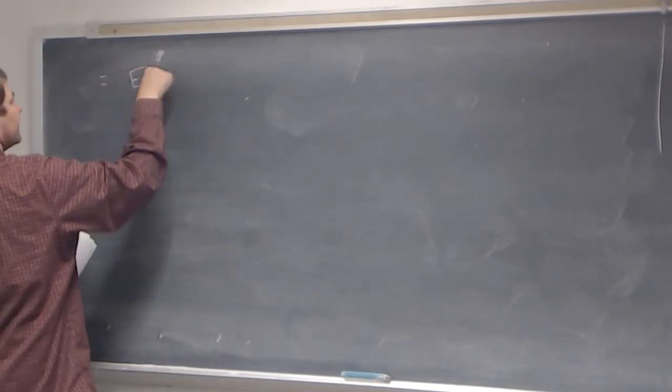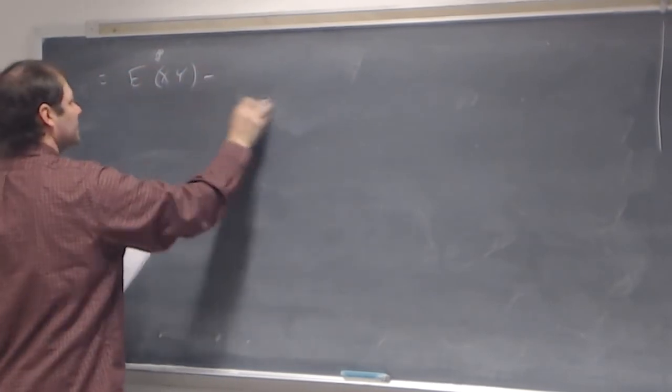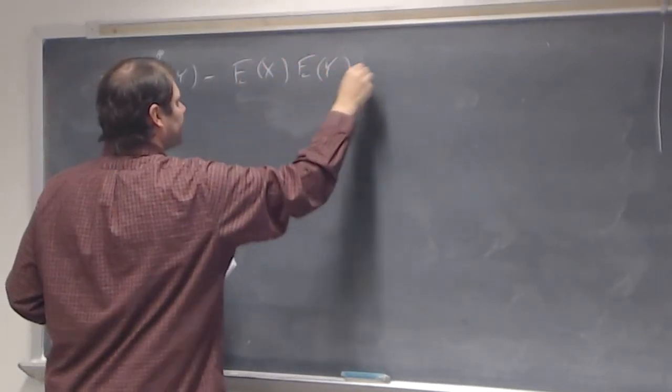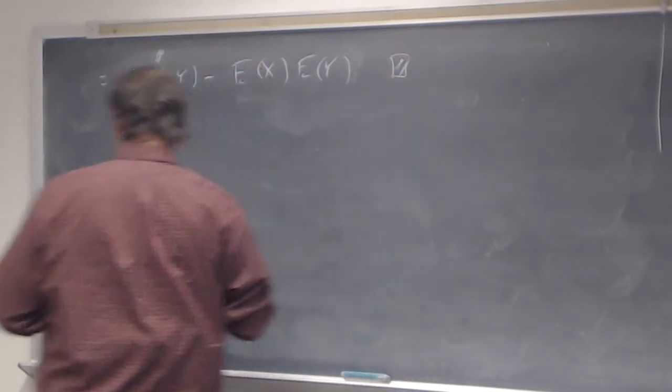Which equals the expected value of x times y minus the expected value of x times the expected value of y. And so that's our proof.